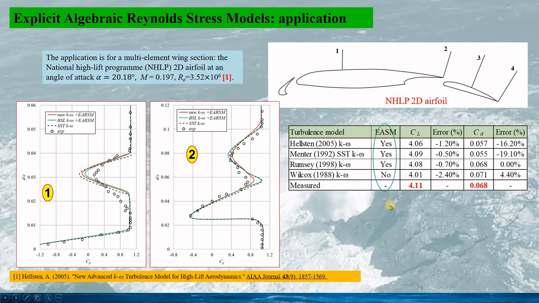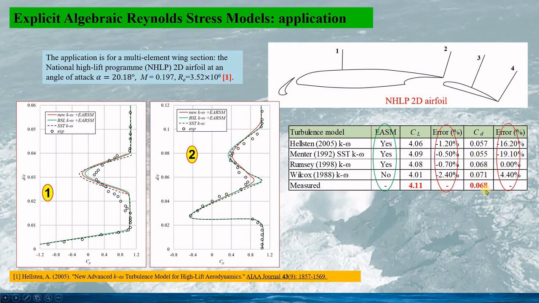From this table, we can see the 3 k-omega turbulence models with the enhancement of the explicit algebraic Reynolds stress model can predict the lift very accurately, with an error of about 1% or even less. Here, for comparison, the Wilcox k-omega model is used. Its prediction for the lift is off by slightly over 2%.